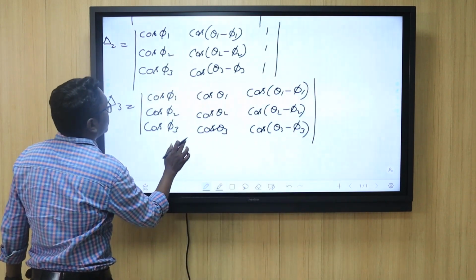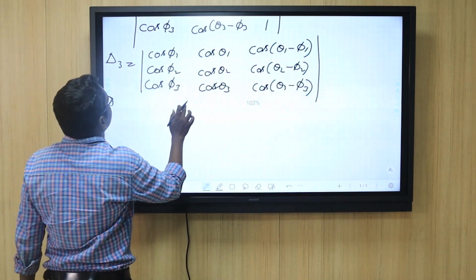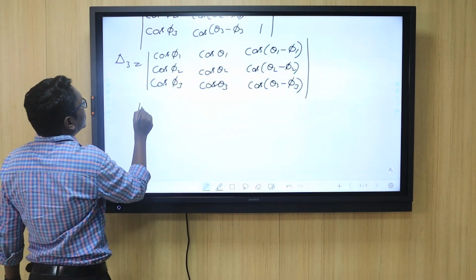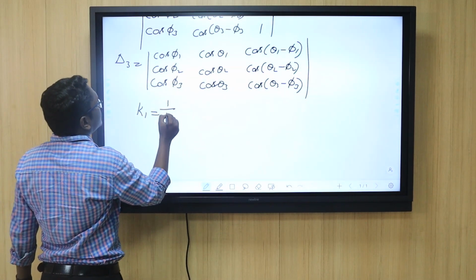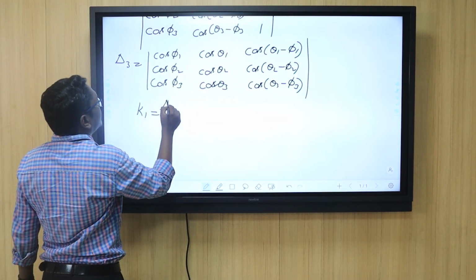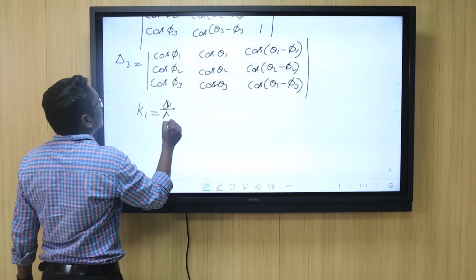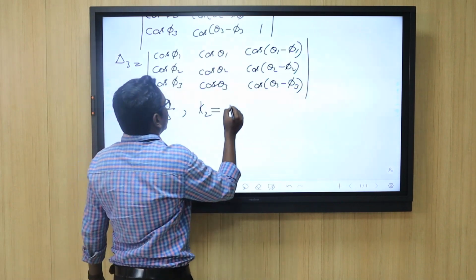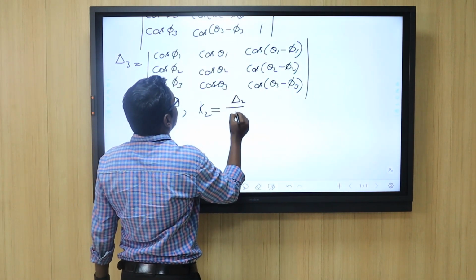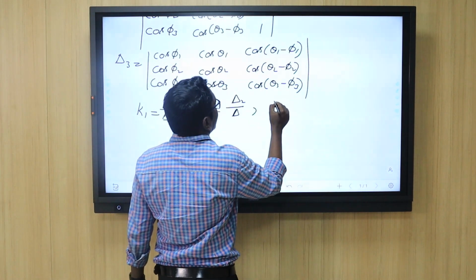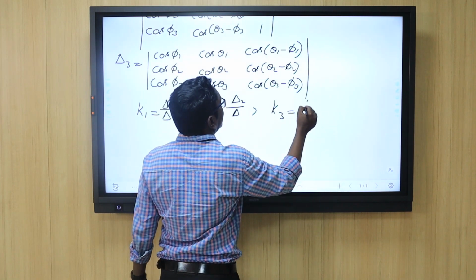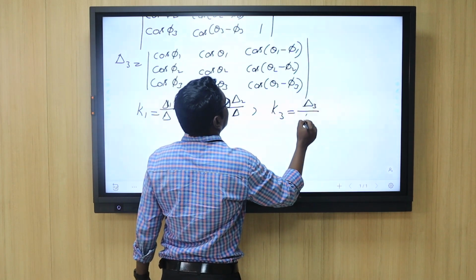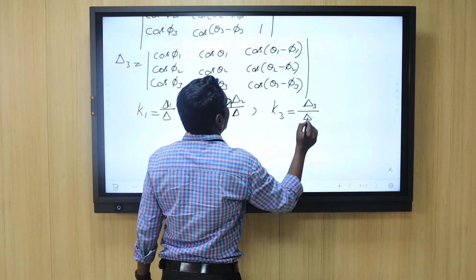So likewise we have to find the determinants. To get K1, that is equal to delta 1 by delta. So we will get K2 from delta 2 by delta. K3, we will get K3 from delta 3 by delta.